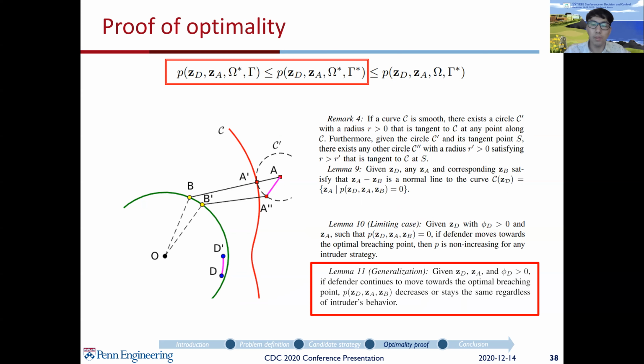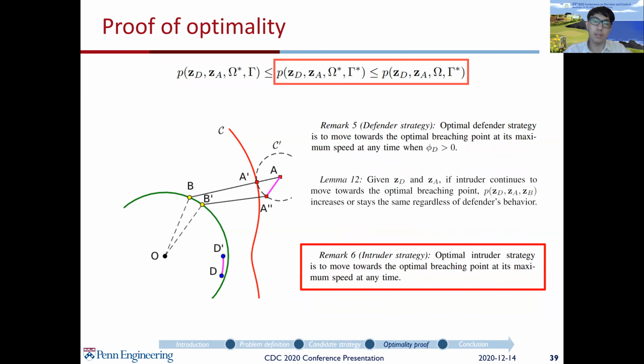This is really important because it corresponds to the Nash equilibrium, which means that regardless of the intruder's behavior, if the defender continues to move towards the optimal breaching point, then the quantity P decreases or stays the same, which we want for the result.